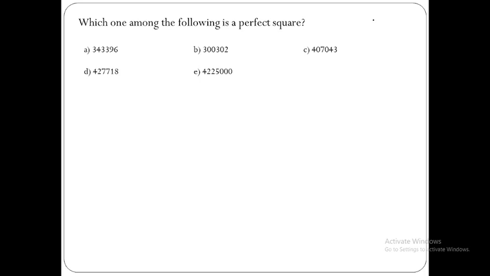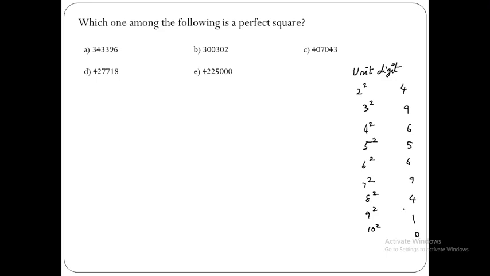So what are the unit digits of square numbers? 2 squared, what would be the unit digit? 4. 3 squared? 9. 4 squared? 6. 5 squared? 5. 6 squared, 36. 7 squared, 49. 8 squared, 64. 9 squared, 81. 10 squared, 100. So the unit digits are 0, 1, 4, 5, 6, 9.